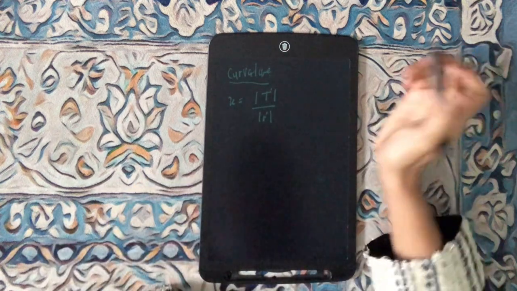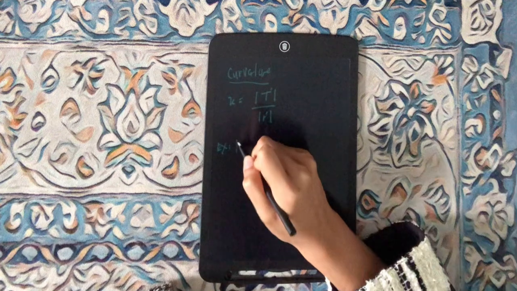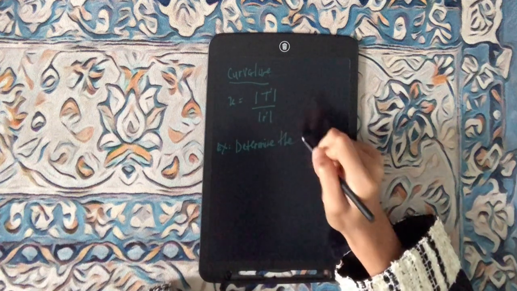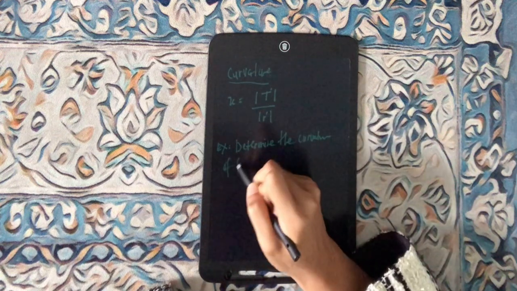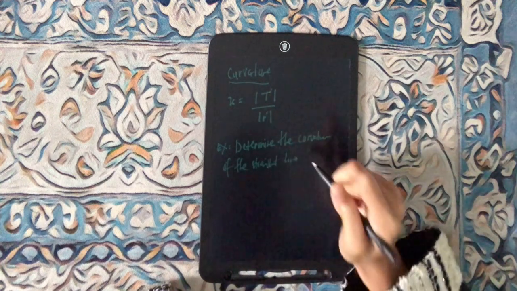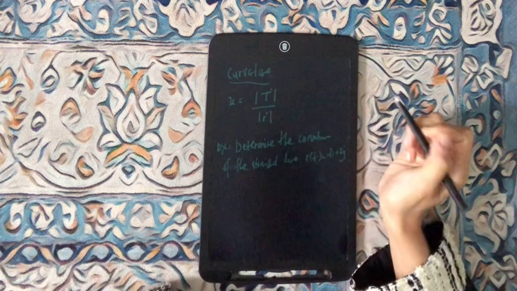So I give you an example. Determine the curvature of the straight line r(t) equals t i plus 2 j.